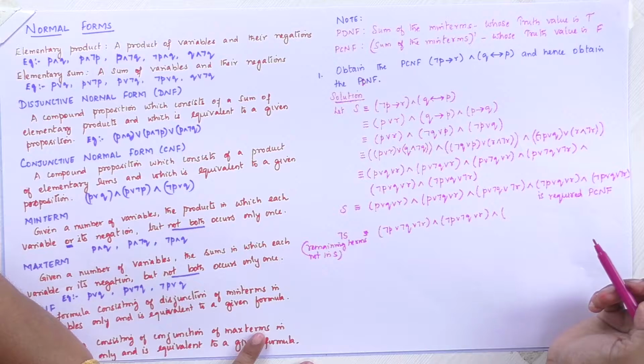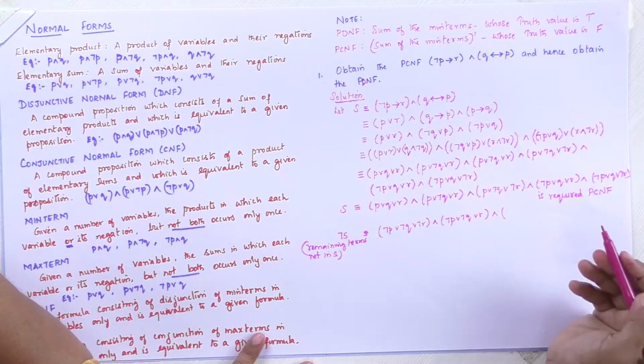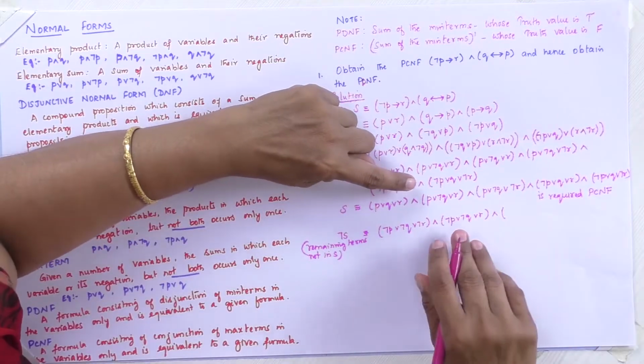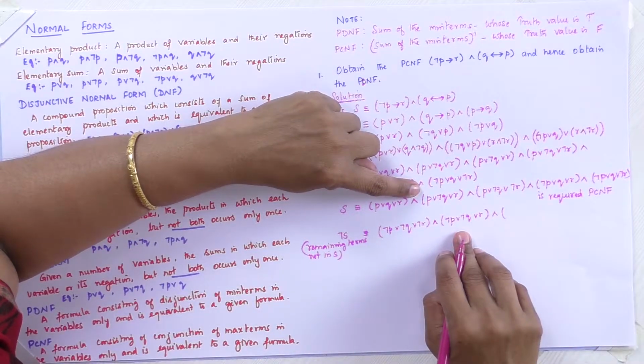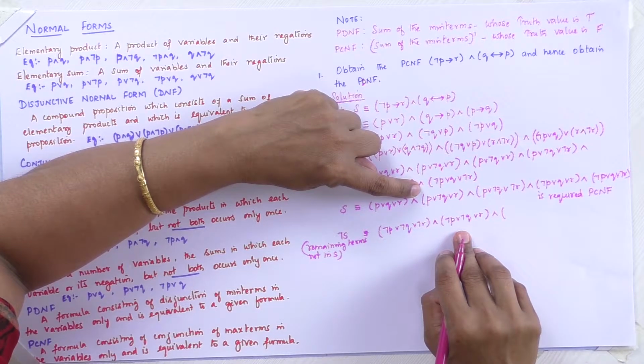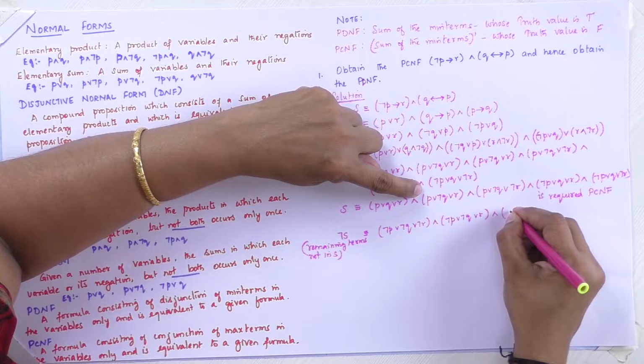So what is the other term which is missing here? We will have to find it now. P, not Q, not R is there. P, not Q, R, yes, it is missing.